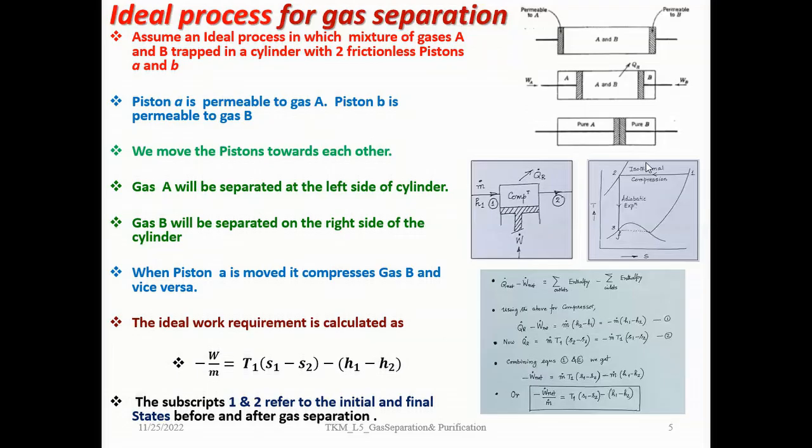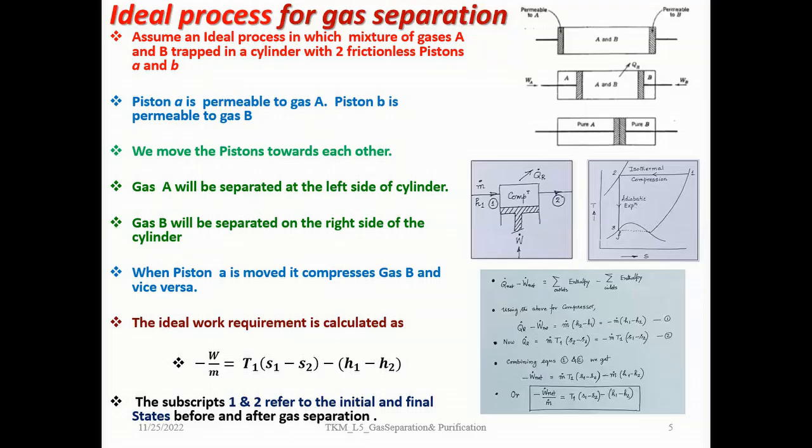You can see here in the picture, the gas is compressed isothermally. So a mass of gas enters at an initial pressure, which will be the partial pressure of the gas. Now the compressor piston is moved forward so that the gas is getting compressed here.